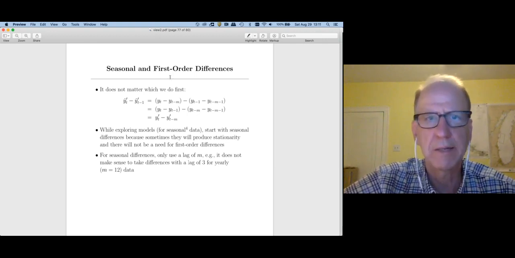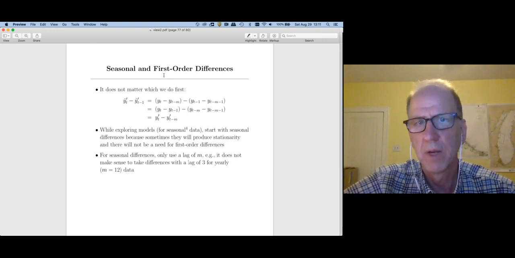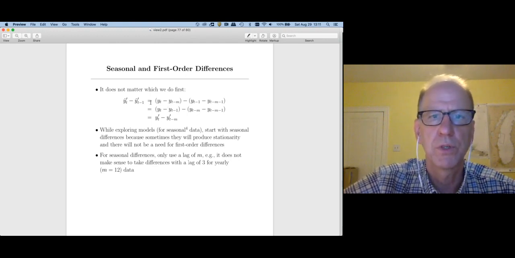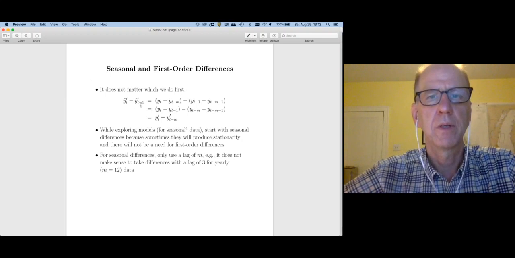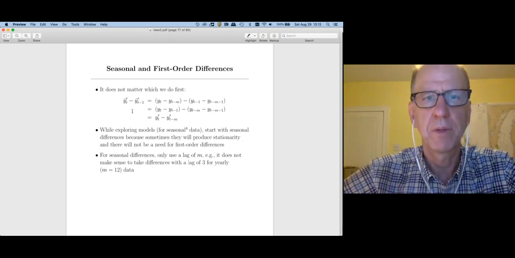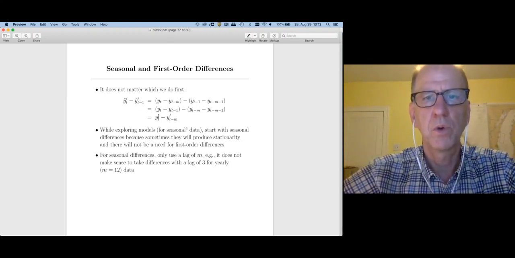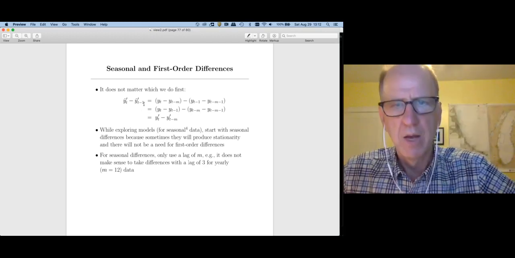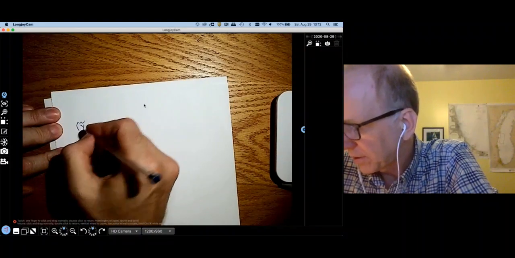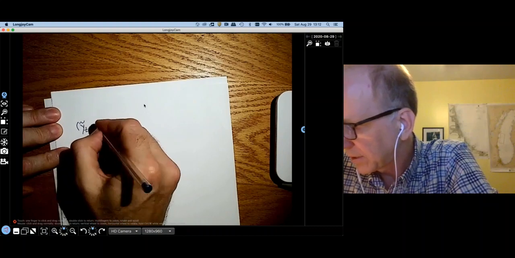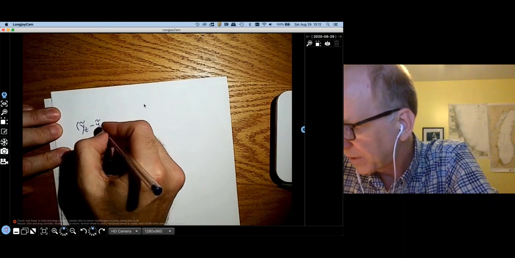So you've got seasonal data and there's a trend, it doesn't matter which one you do first. My algebra here is meant to convey that those two are exactly the same. Let's write this out. The seasonal difference at time t minus the seasonal difference at time t minus 1.